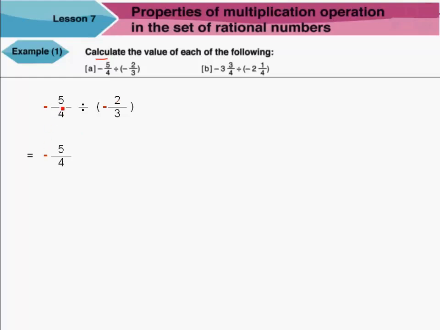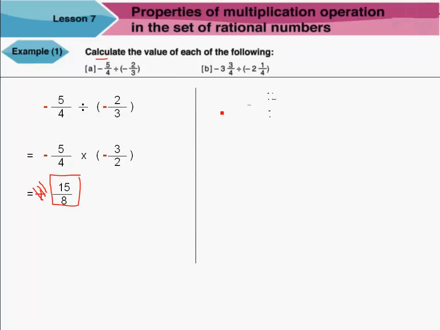So this will equal minus 5 over 5 times minus multiplicative inverse will be 3 over 2. This will equal minus times minus is equal to plus, but we don't write the plus sign. 5 times 3 is 15, 4 times 2 is 8. And this is the simplest form of the answer.